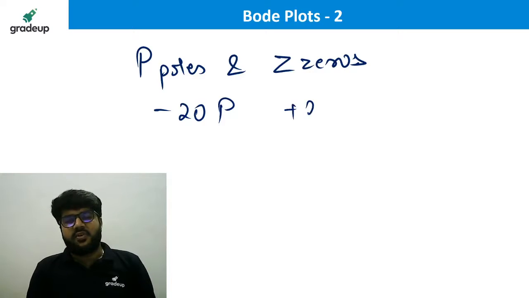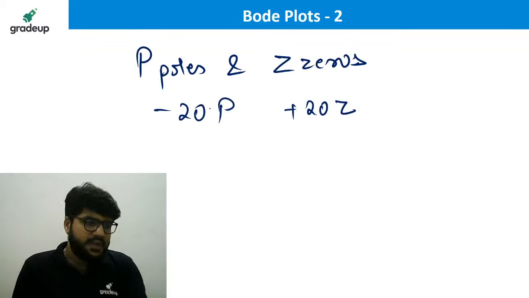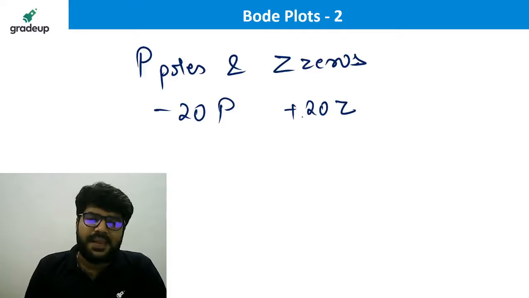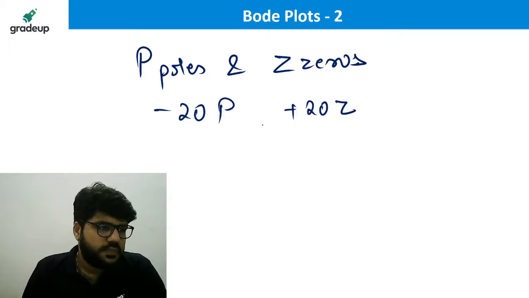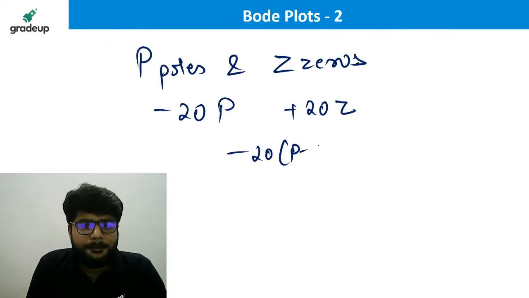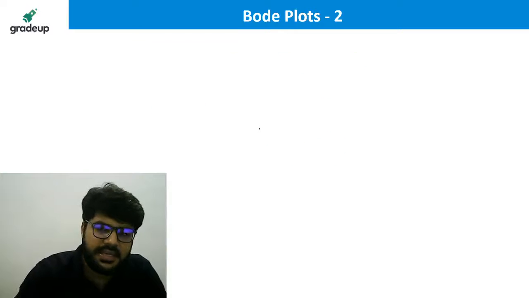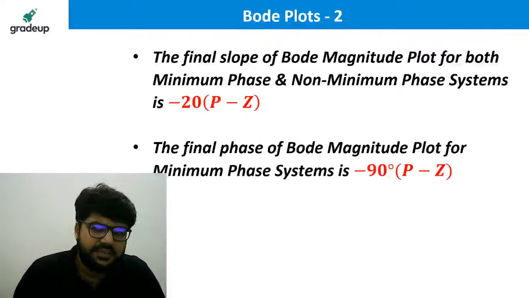For every zero the slope will be added by plus 20. There will be some zeros also, so plus 20 into z. The final slope formula should be actually minus 20 into p minus z. Just look at this, the final answer.